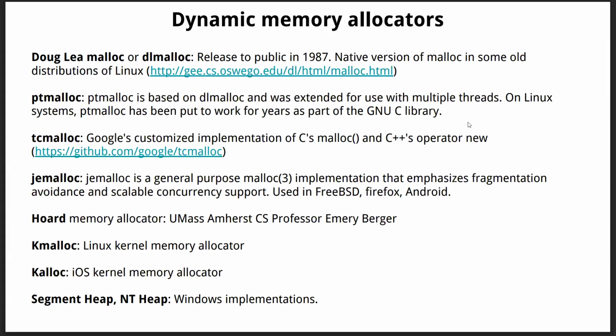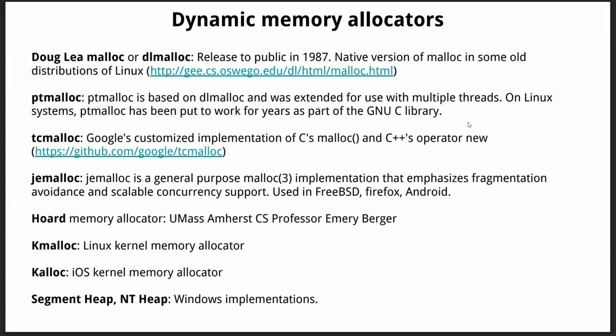In user space, there have been many popular dynamic memory allocators. dlmalloc was a very famous one, developed in the 80s, and it was used by Linux for a long time. Right now, our Linux system uses something called ptmalloc.